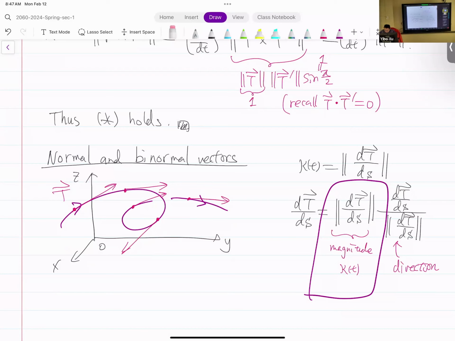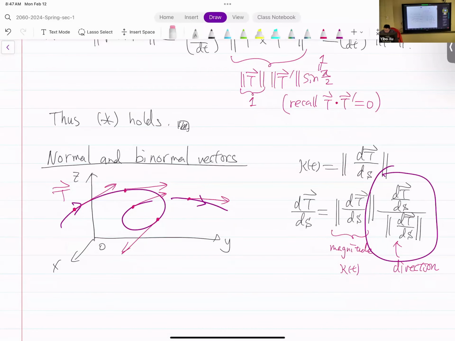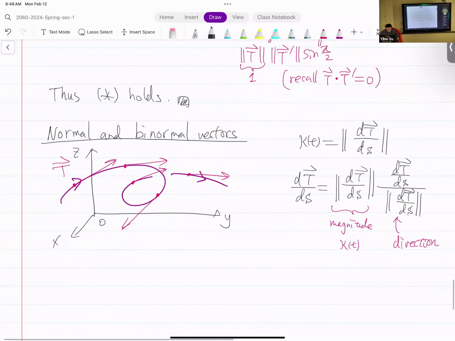So what about the vector here? The vector here is the normal vector, and the name is special. It's called the principal unit normal vector.